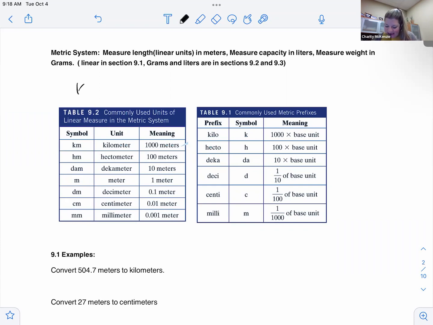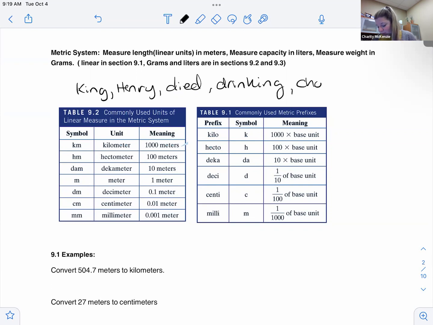So King Henry died drinking chocolate milk. Okay, and why do I care about this?